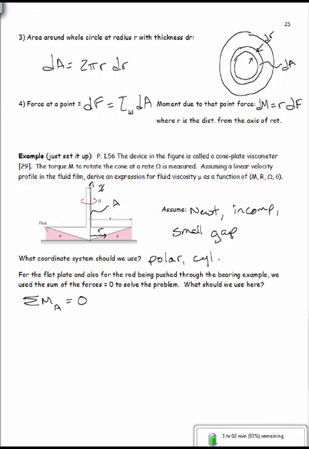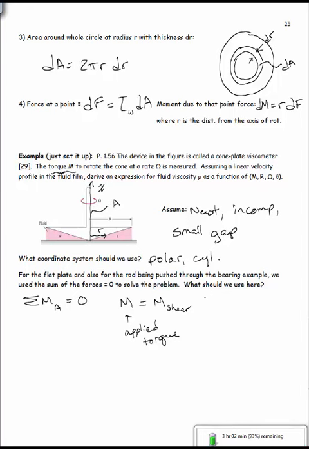So M, we're going to call the torque that's applied M. Okay, that's going to have to be offset just by the moment due to the shear stress on that surface. So that has to equal M, we'll call it M shear, okay?